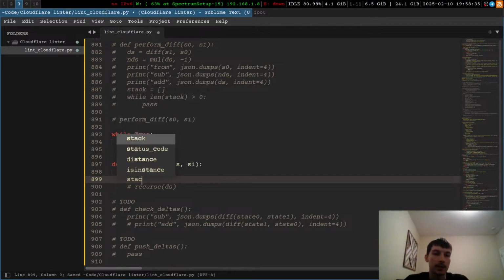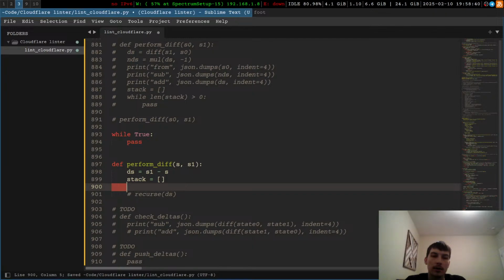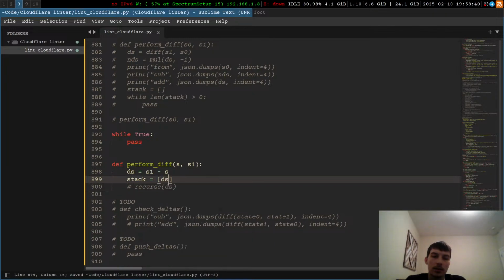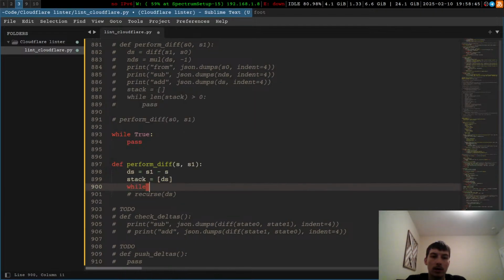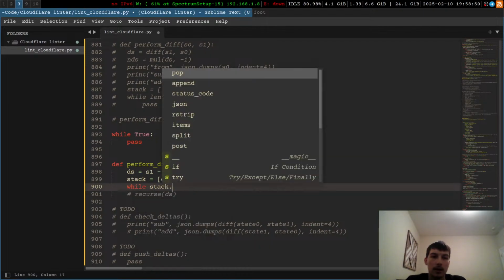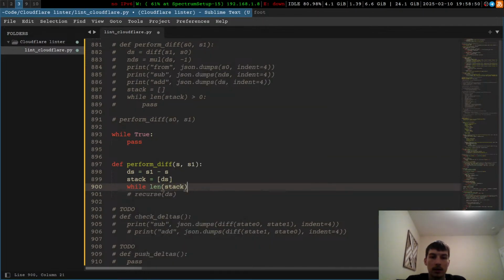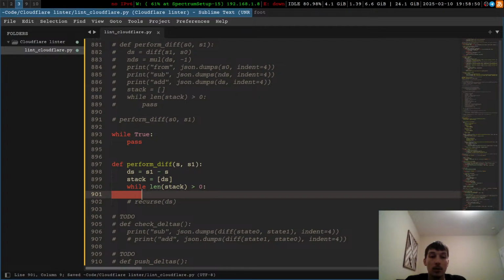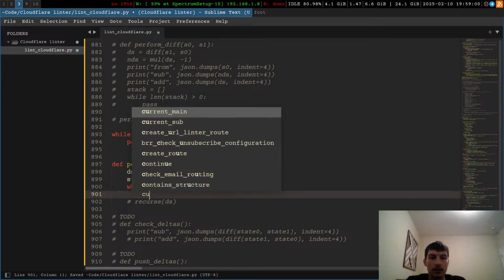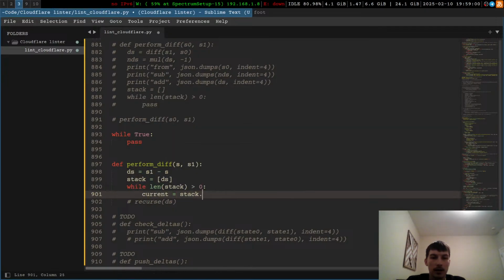So we can say, okay, we have a stack, and the initial state is ds, and we say, okay, while the stack is greater than 0, we iterate through, so we get the current equals stack.pop.